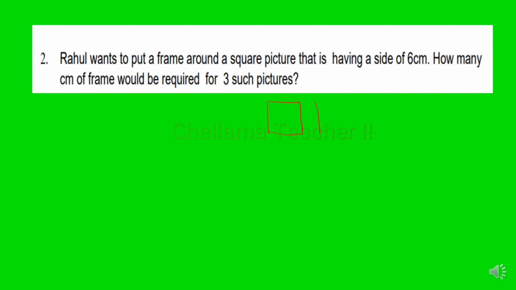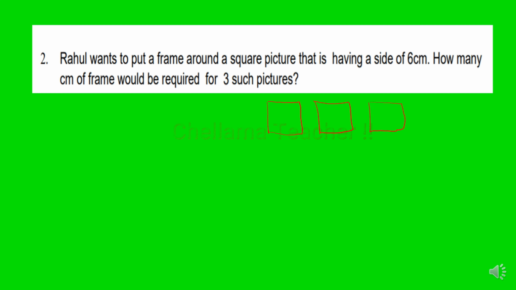There are 3 such square pictures. So here, what we have to do first? We have to find the boundary length or perimeter of one square picture first. Then that should be multiplied by 3 to get the required framework for 3 such pictures.